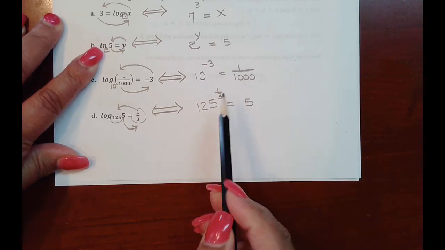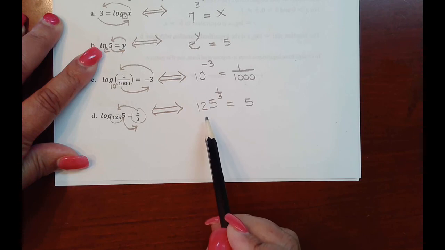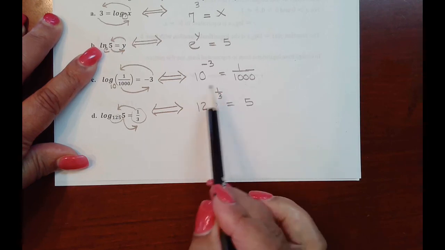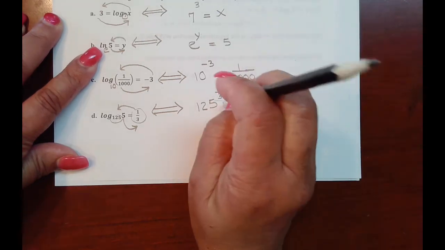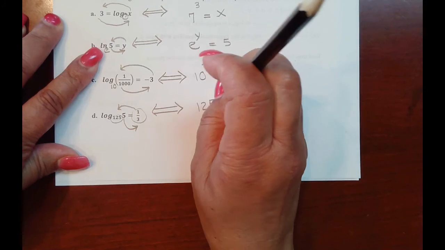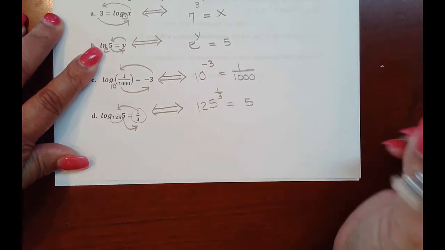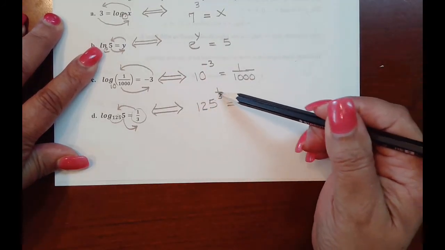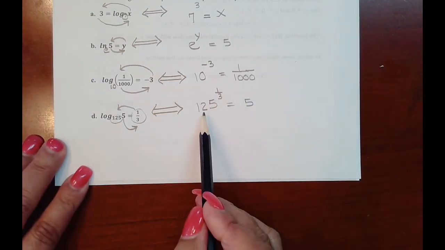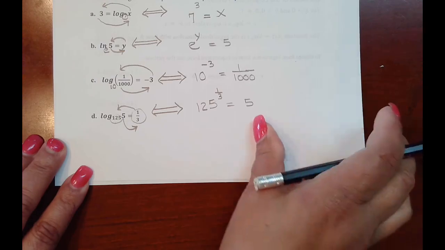And that's cute. That's true. This is another true statement. 125 to a power of 1/3. Fractional powers really mean it's a radical. There's a radical wrapped around this 125. The kind of radical, if you wanted to rewrite it, is cube root, suggested by that denominator. So that actually is true. Cube root of 125 is 5.